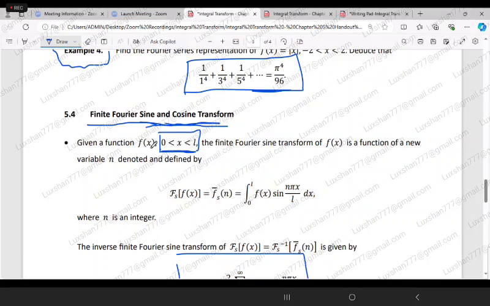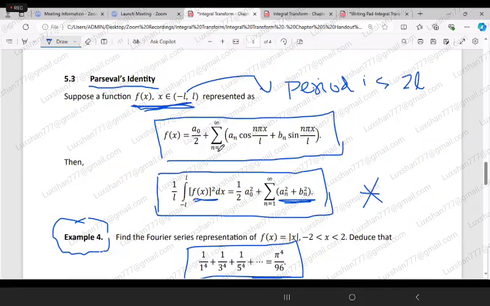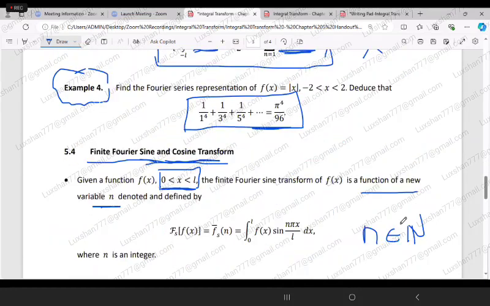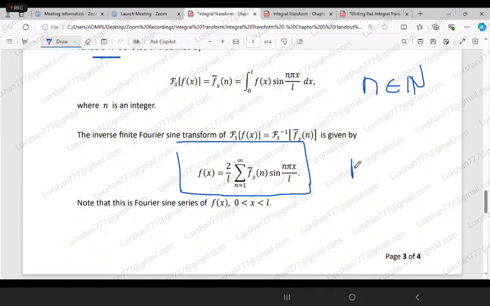Given a function f(x), where the range of x is 0 to L, the Fourier sine transform is given by this one. It is a function of the new variable n, where n belongs to the natural numbers, because we are defining it that way in the series form. Here also n belongs to the natural numbers.